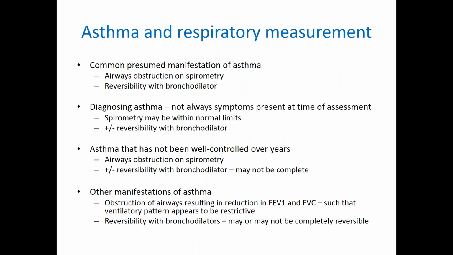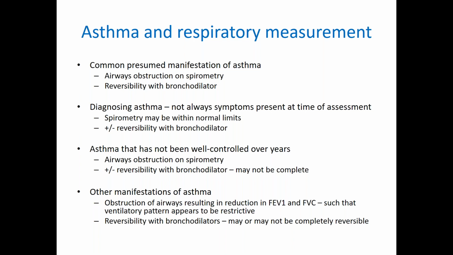In terms of asthma and respiratory medicine measurement, there are a few different manifestations that you'll see with spirometry. Probably the most commonly presumed manifestation of asthma with spirometry is that you'll see airways obstruction when you perform spirometry, and then you'll see reversibility when you give bronchodilator. But this is not always the case, and particularly in diagnosing asthma, there are not always symptoms present at the time that we perform the assessment.